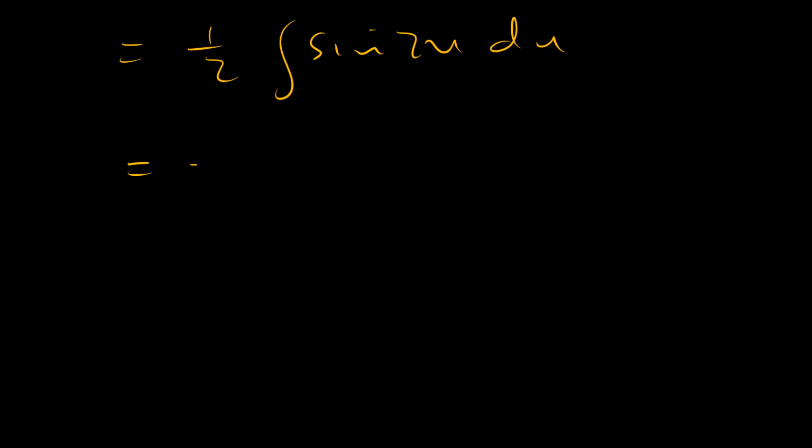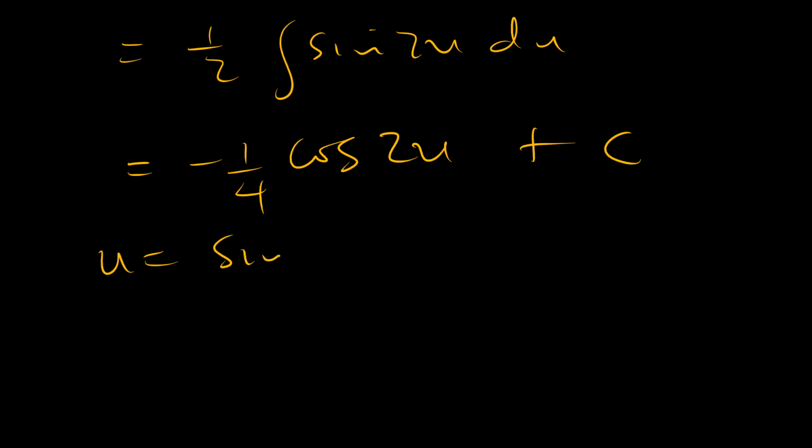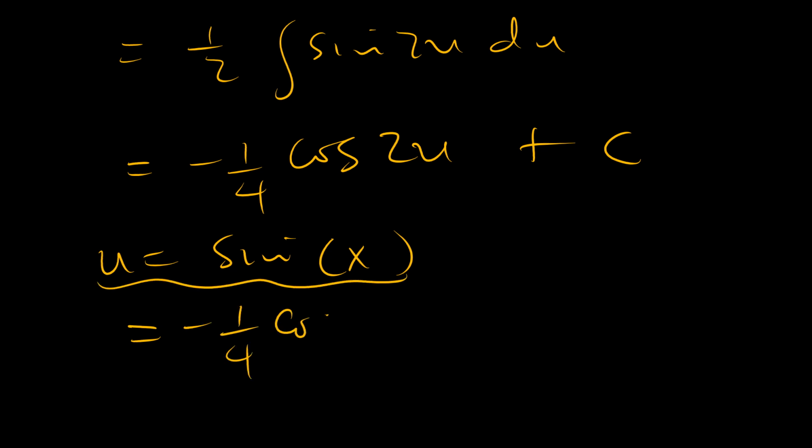That means our integral is negative a quarter cosine 2u plus c. But we said u is equal to sine x, so our integral is negative a quarter cosine of 2 sine x.